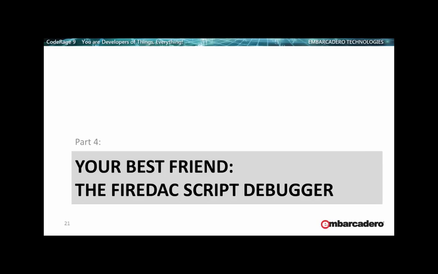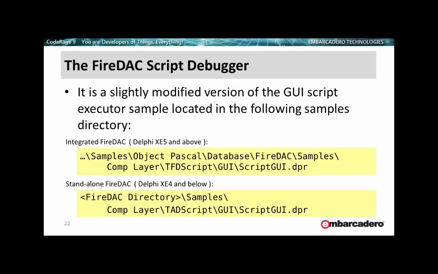But before I can show you some real-life examples of all these new commands, let me introduce you to your best friend, the FireDAC script debugger. The FireDAC script debugger is a slightly modified version of the GUI, graphic user interface, script executor sample located in the following sample directory.